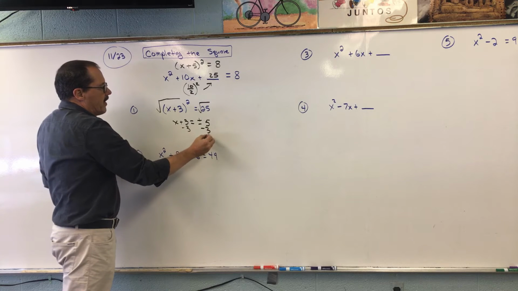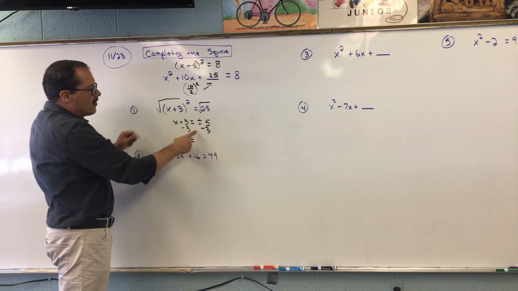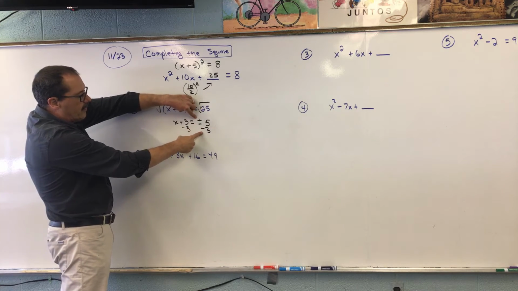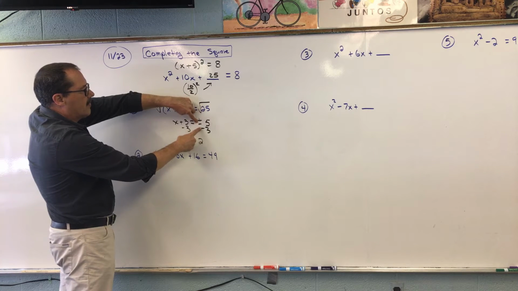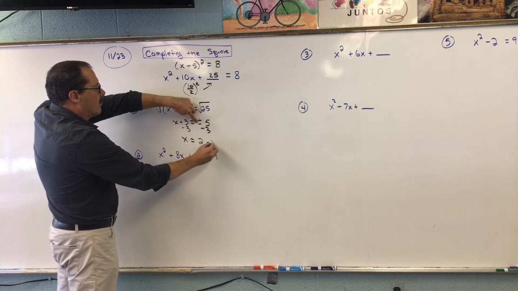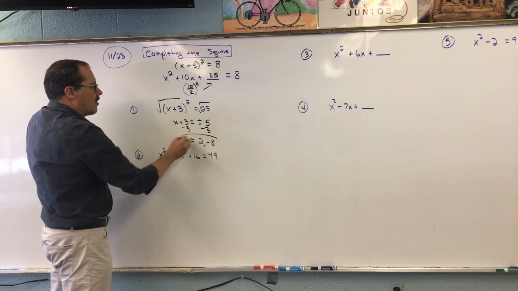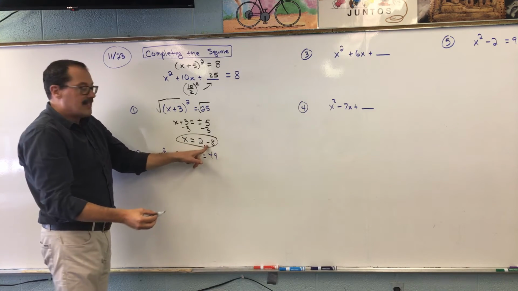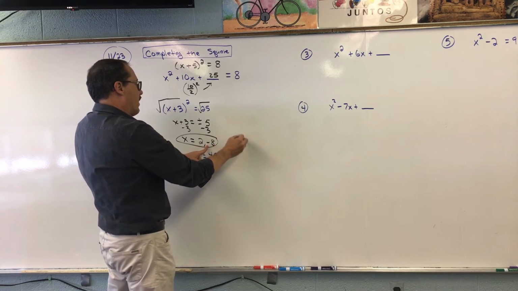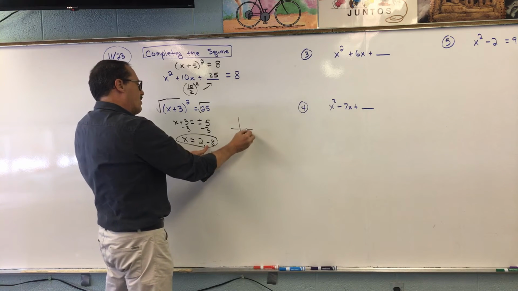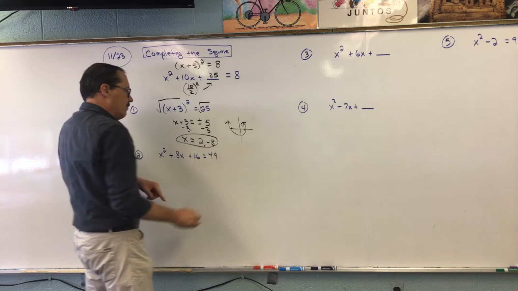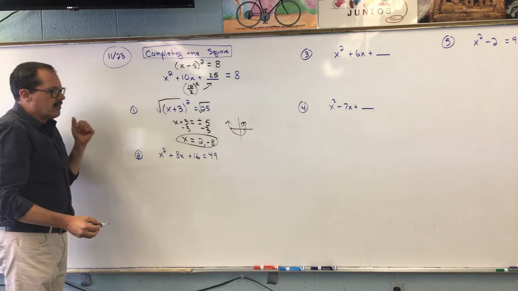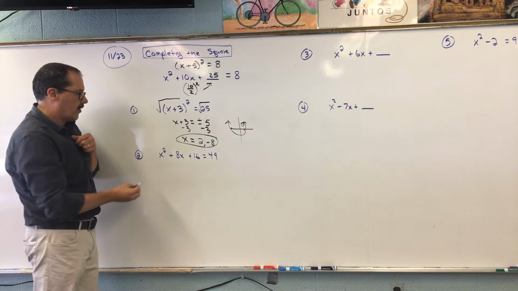Subtract 3 from both sides. x equals 5 minus 3, which is 2, and then negative 5 minus 3, which gives you negative 8. So you're always going to get two answers. This is a parabola, and all that's telling you is that it crosses at 2 and negative 8. If you have a graphing calculator, you can graph these sometimes and check how they go.